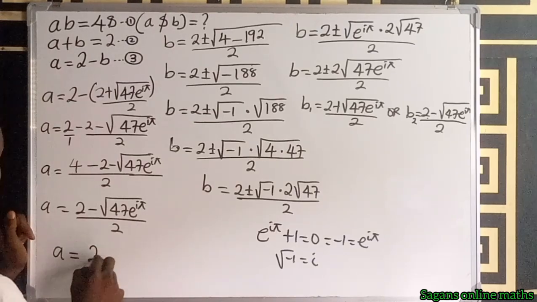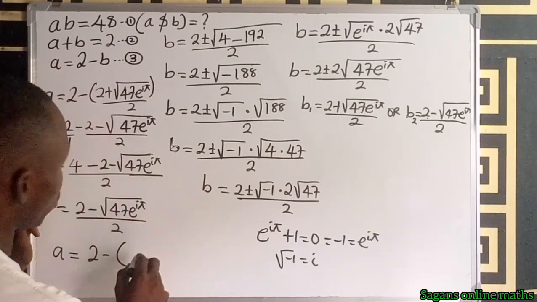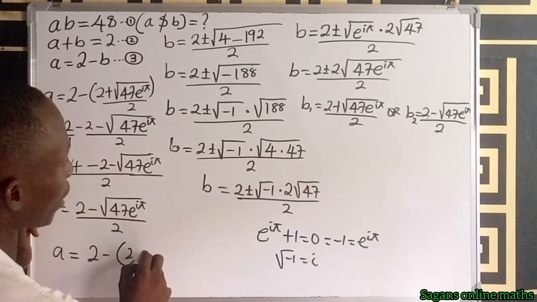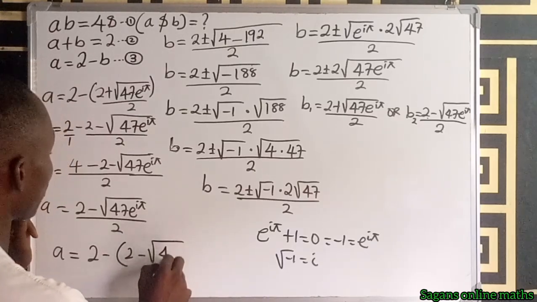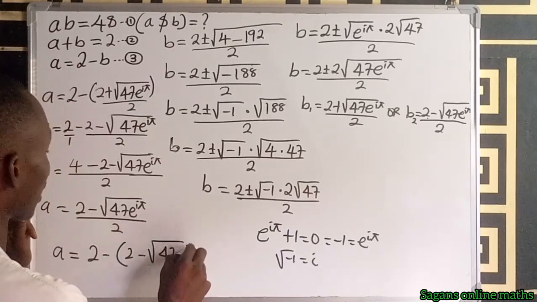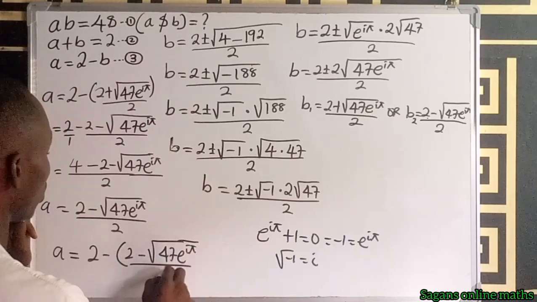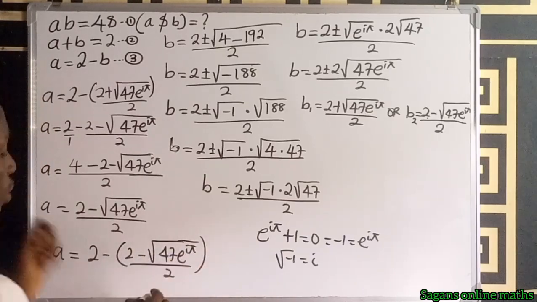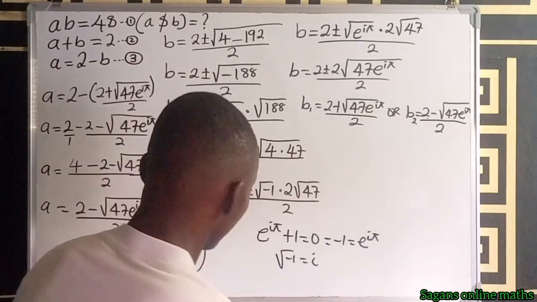Now, when B is equal to 2 minus square root of 47 multiplied by e to the power I pi, divided by 2, we can do something very amazing.